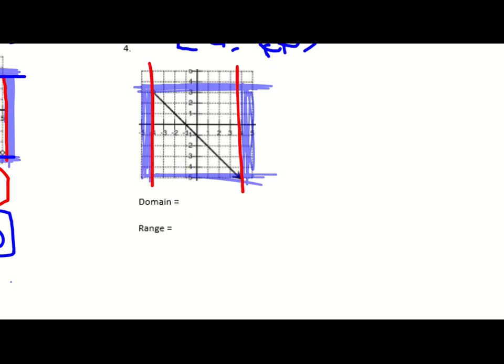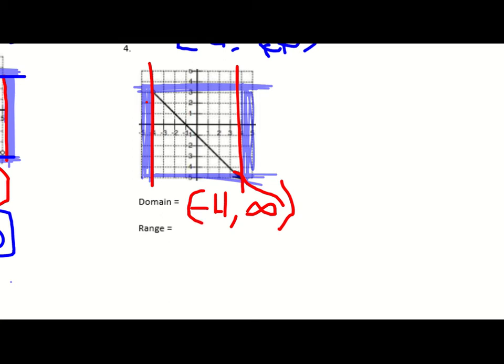On the left, I see there was an open circle at -4, and on the right, there's an arrow, so this is going to keep going. That would be positive infinity. So parenthesis for -4, since it was an open circle, and parenthesis for infinity.